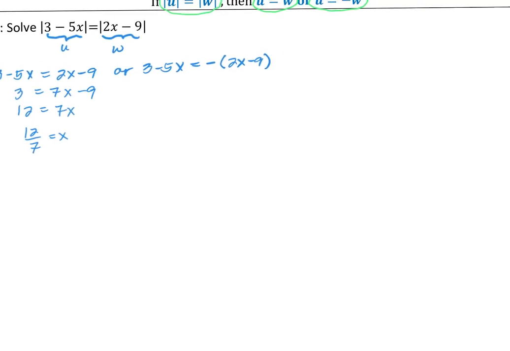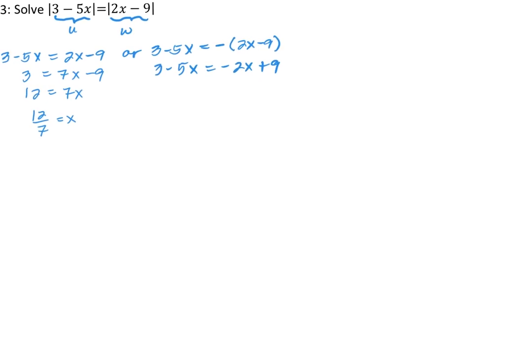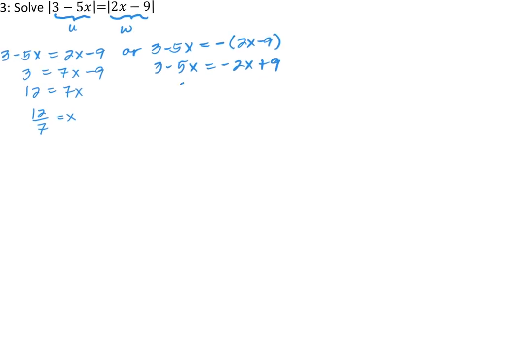So for 3 minus 5x equal to negative (2x minus 9), the first thing I want to do is distribute that negative to get negative 2x plus 9. And in this case, I think I will also add the 5x to both sides so I can get a positive 3x on the right. So 3 equal to 3x plus 9.